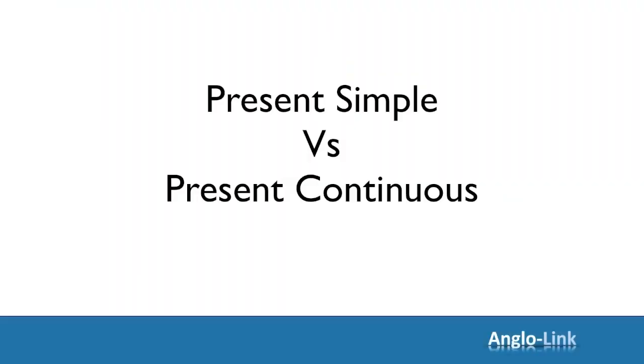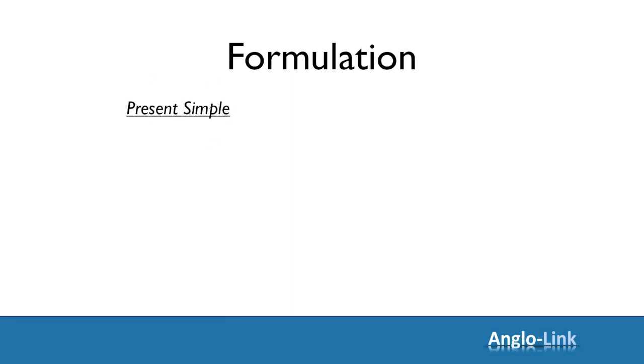Right then, let's get started and look at the difference between present simple and present continuous. Let's begin with formulation. How do we formulate each one of these tenses? Present simple. I play tennis.